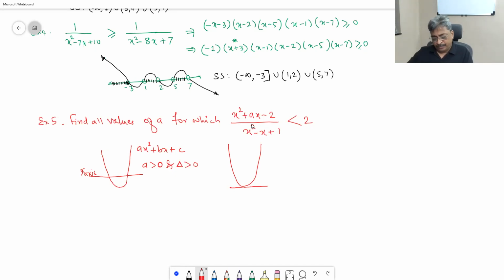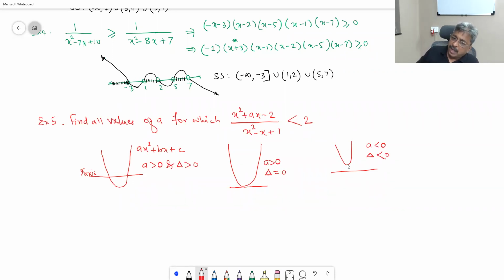Third graph like this. What was this? A greater than 0, delta is equal to 0. A greater than 0, delta is less than 0.